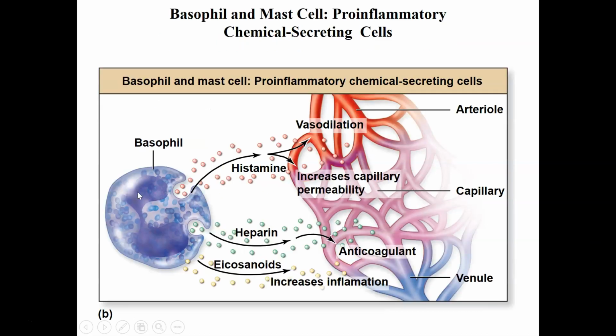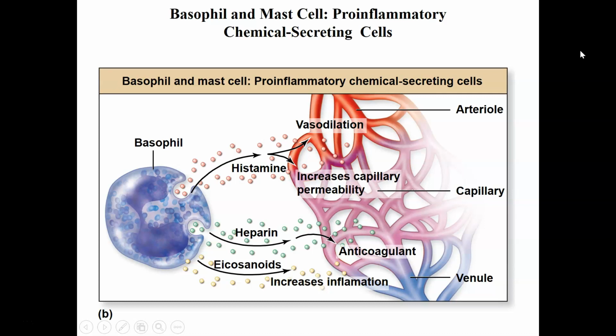So basically what's happening here for a basophil or a mast cell, these are the soup that they release when triggered by damage or infection. These have effects on the circulation, which is going to allow for more materials to arrive, to do battle, or to repair any kind of tissue damage.